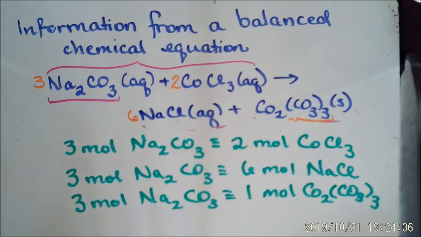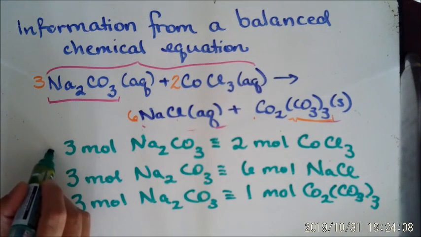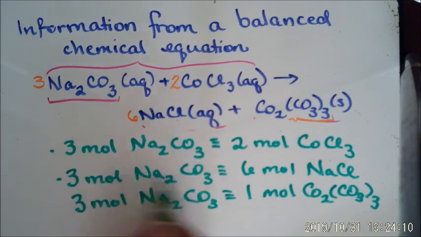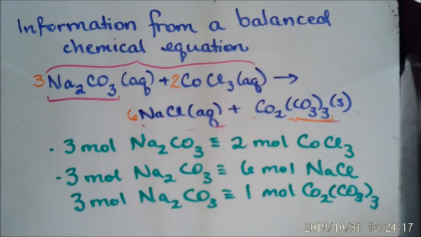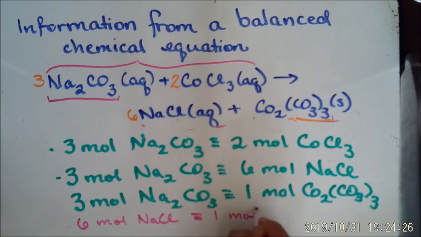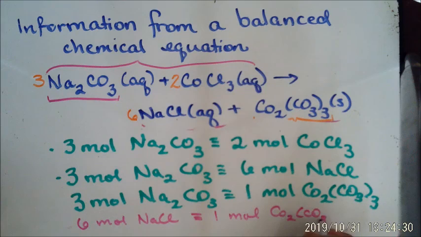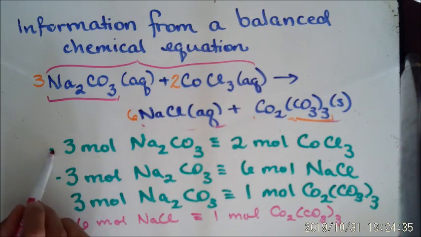Okay, so we can relate reactant to reactant, we can relate reactant to products. What about product to products? Well, we can say if 6 moles of sodium chloride are produced, we also know that 1 mole of cobalt-3 carbonate is also produced. So we can do product to product, reactant to reactant, reactant to products.